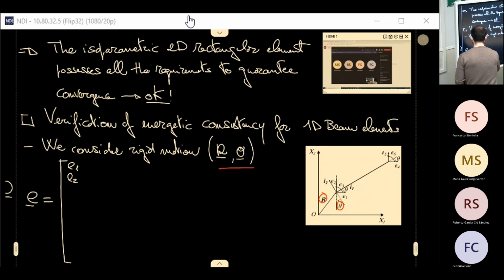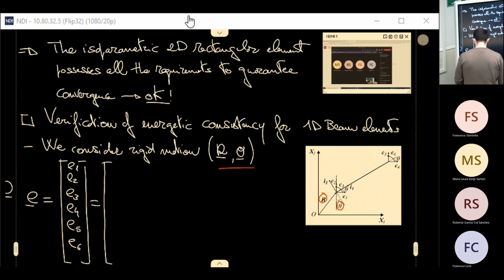Again, if you remember, we have 6 nodal coordinates. These are much easier, so we can actually derive them one by one. So E1, how much is it? E1, the nodal coordinate E1. Make sure to have noted where the local frame of the element is.